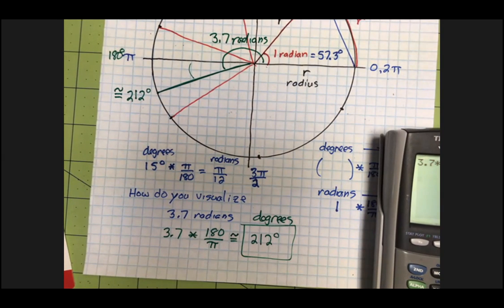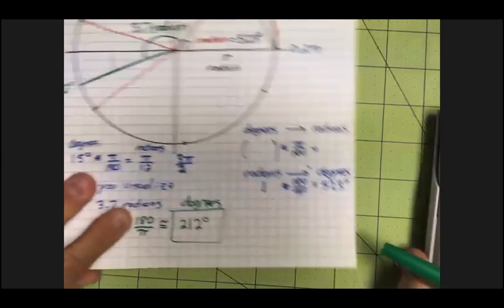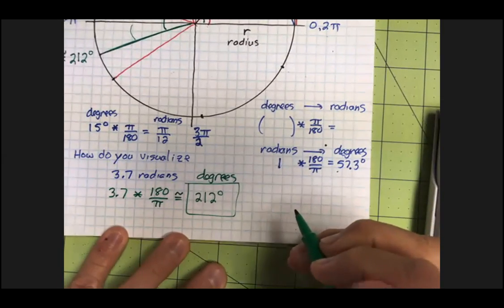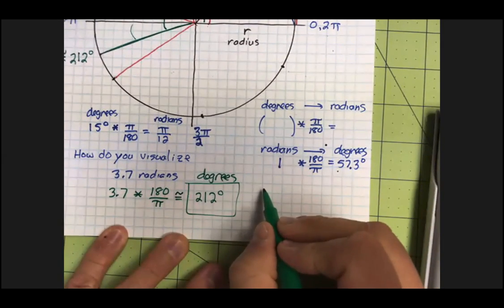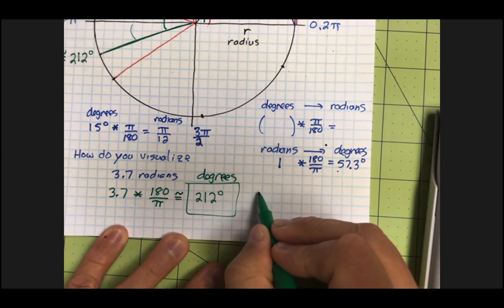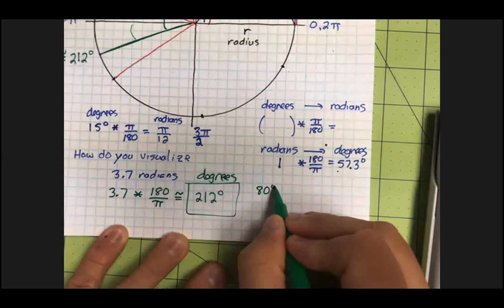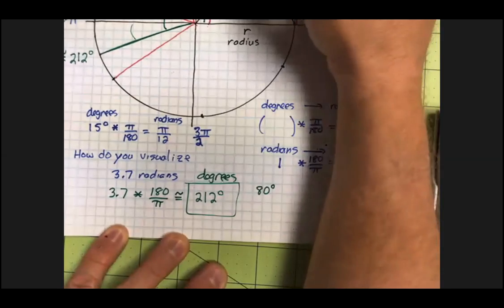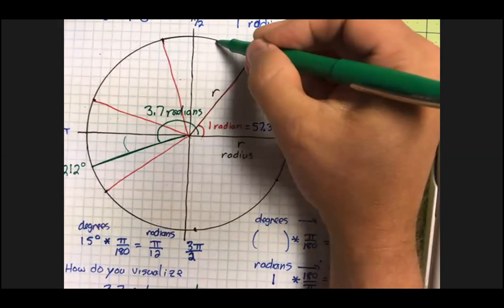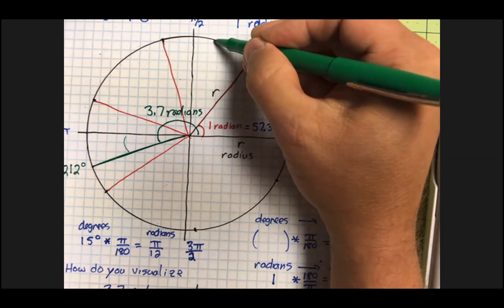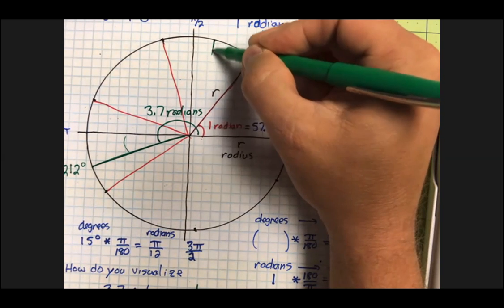Okay. Likewise, if someone gives you a certain number of degrees that's not even, like what should 80 degrees be in radians? Now 80 degrees is nearly 90 right here. So it's up here, right? About 10 degrees away from 90.